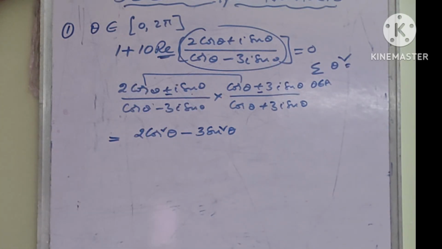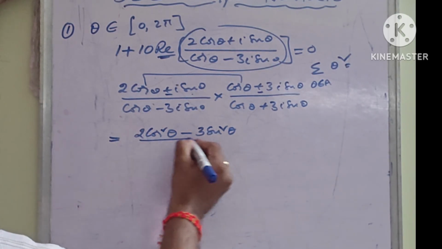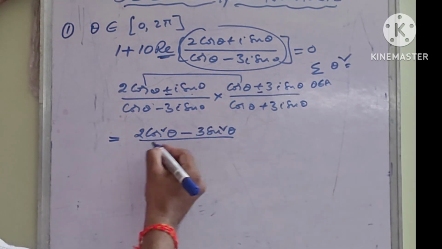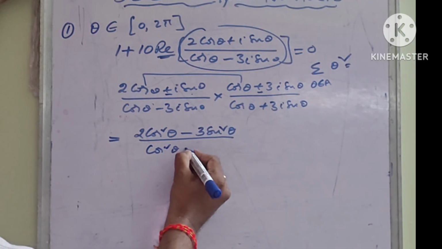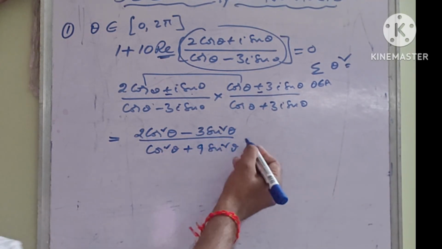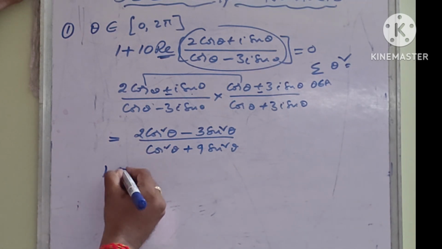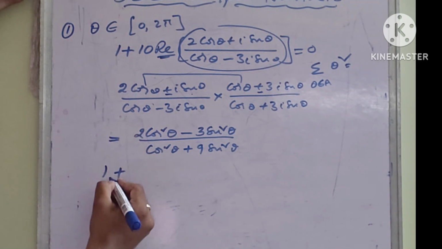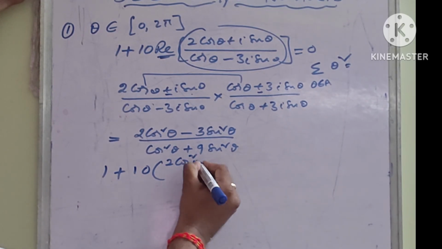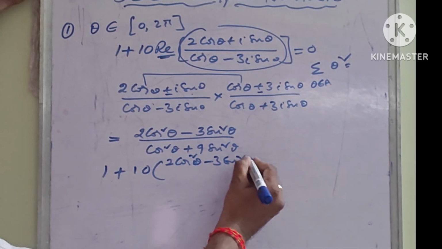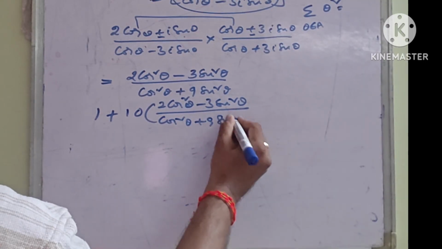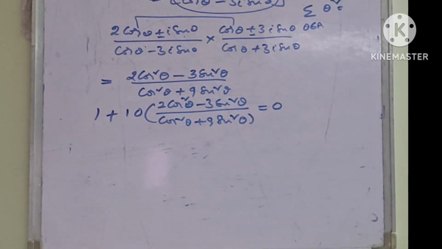This is the only real part. By a plus b into a minus b, the denominator is cos square theta plus 9 sin square theta. So the real part is (2 cos square theta minus 3 sin square theta) by (cos square theta plus 9 sin square theta), equal to 0.